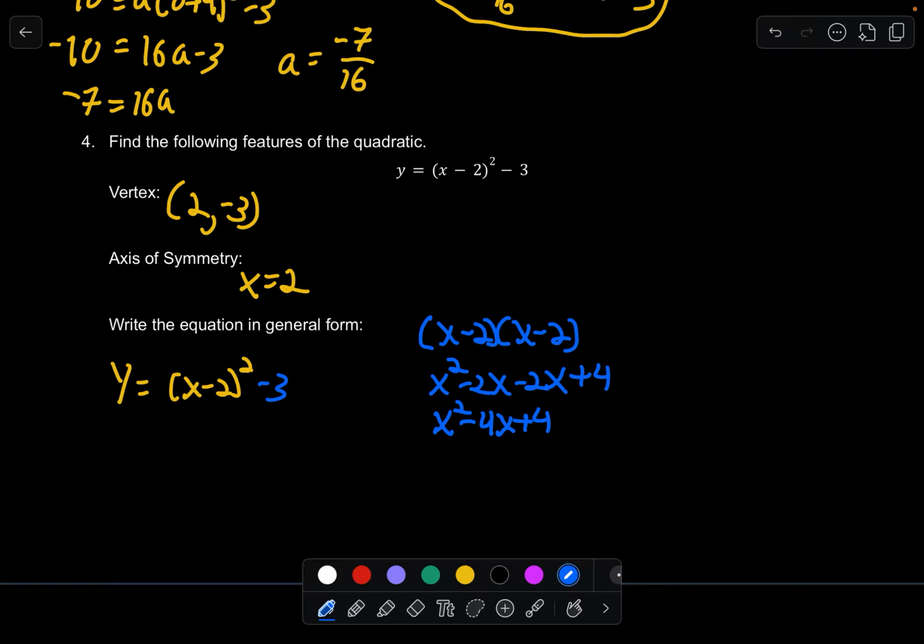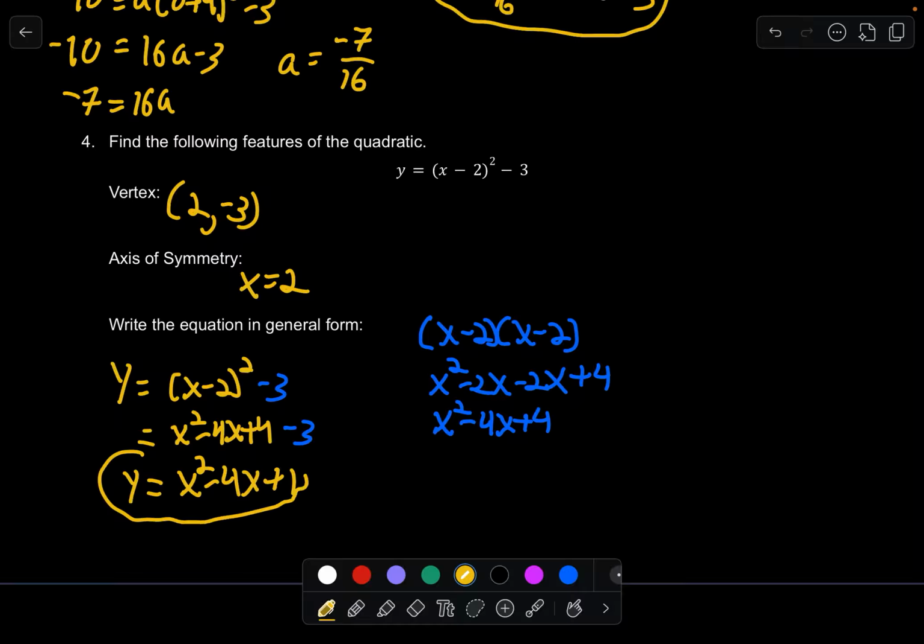So we'll put that in for (x minus 2) squared, and this is going to equal x squared minus 4x plus 4 with a minus 3 on the outside. Combining like terms, you end up with y equals x squared minus 4x plus 1, and that's the equation in standard form, or general form.